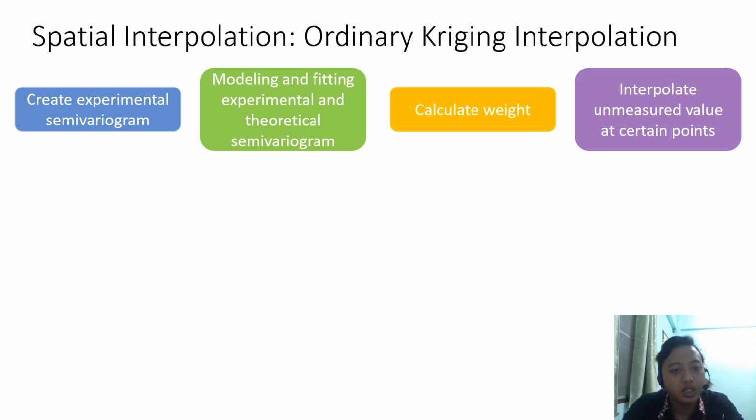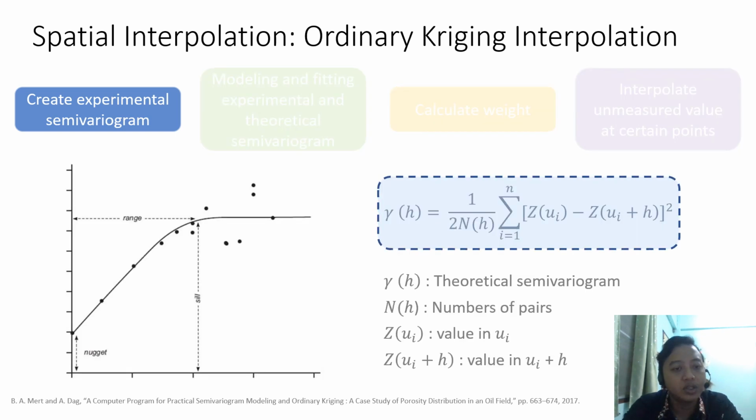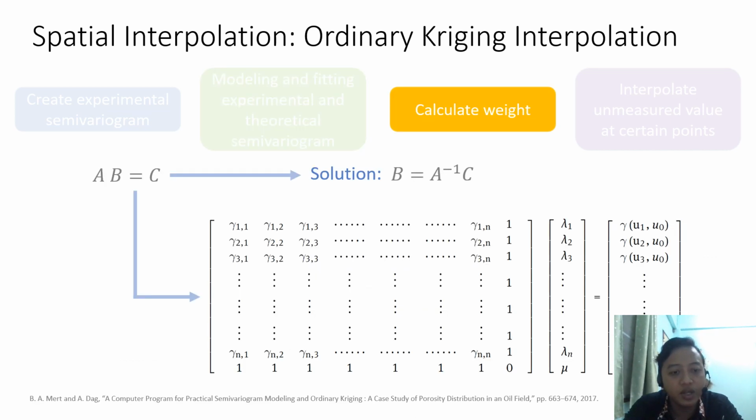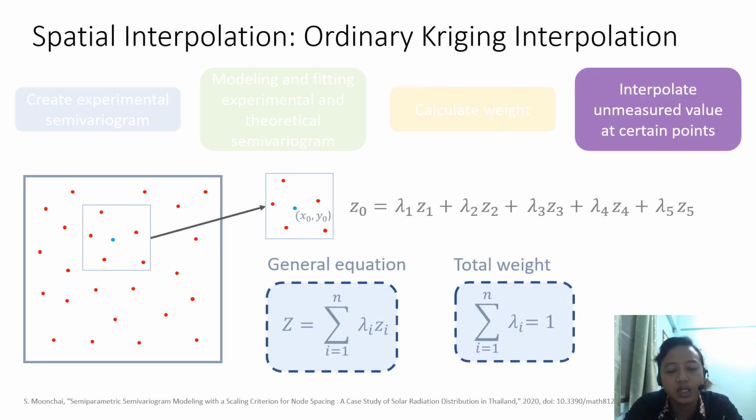Ordinary kriging starts by creating the experimental semivariogram. The second step is modeling and fitting the experimental and the theoretical semivariogram. In the third step, we calculate the weights using semivariance values, and finally we can estimate the value by multiplying the adjacent measured values and the corresponding weights.